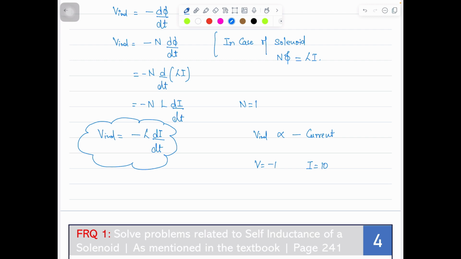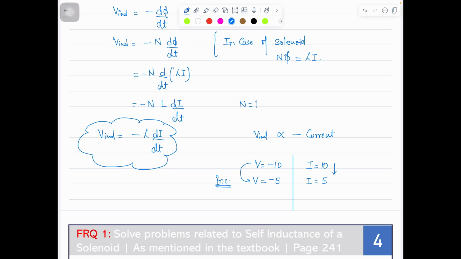Can I say it should be negative 10? Yes or no? Sure, because it should be negative. If current is declining, I becomes 5. So what should be the value? V is equal to negative 5. So from negative 10 to negative 5, can I say it is increasing? Do you understand this point?